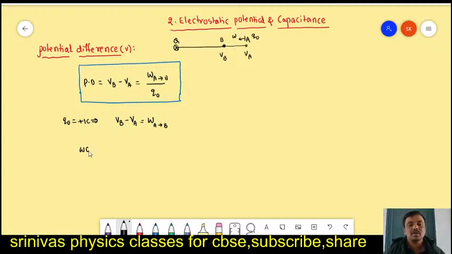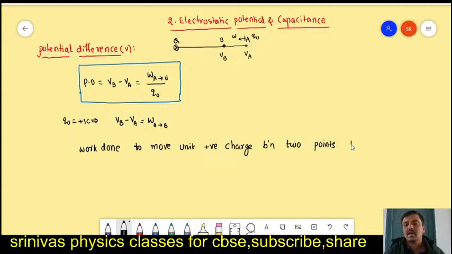That means the definition is: work done to move unit positive charge between 2 points in electric field is called potential difference.